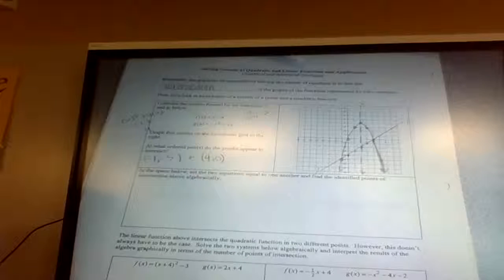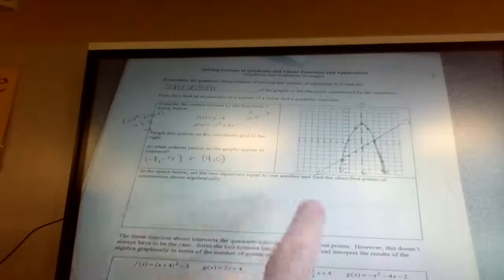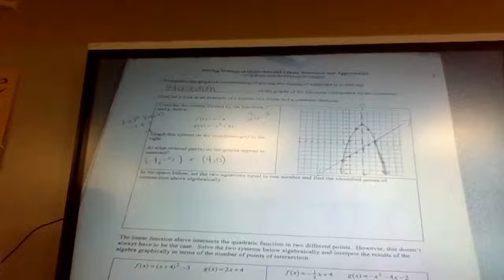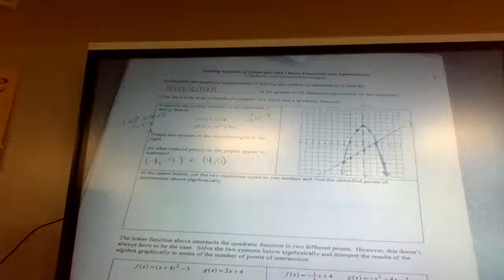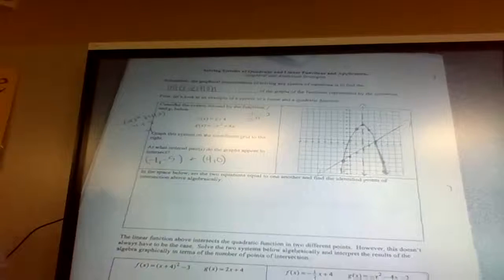Will every line and quadratic combination have two solutions? Probably. Why not? Because, oh wait, yes, it'll either have two or none. Two or none? Yeah, because both of them go on infinitely, so eventually it's just going to be two. What would be none?